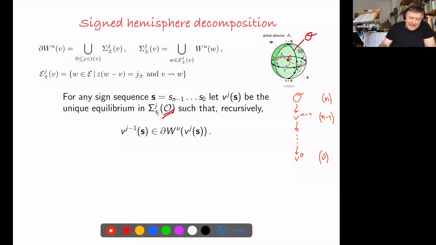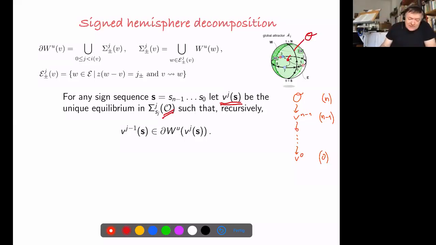And fixing any sign sequence, I define other equilibria originating from O recursively. And I start with V0, with an index plus and minus being the equilibrium above this one in the unstable manifold and the equilibrium below. Those are unique, above everywhere in X.